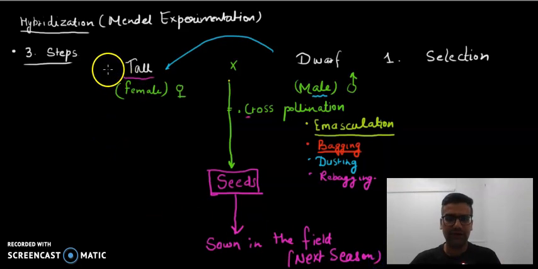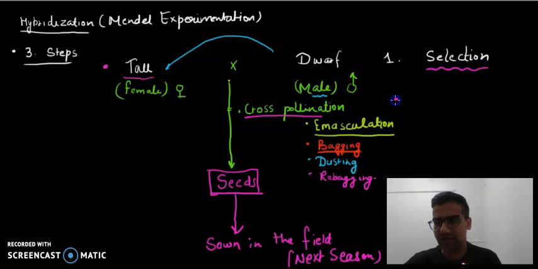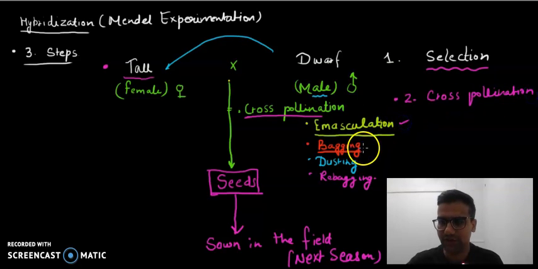So he took the selected parent plants and did cross pollination. The first part is selection, and the second part is cross pollination. In cross pollination, he did emasculation, bagging, dusting and rebagging, and obtained seeds. These seeds were sown in the field for the next season and the results were observed.